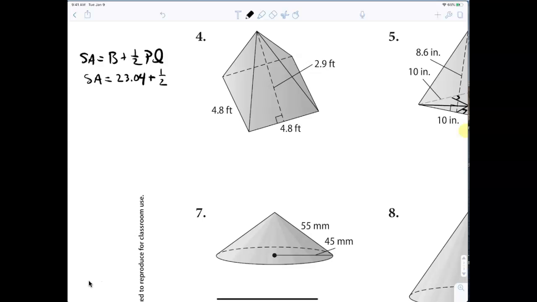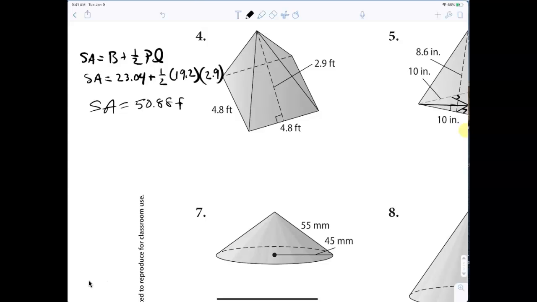And then plus times 19.2 times 2. I got 50. Anybody else get 50.88? 50.88 what?